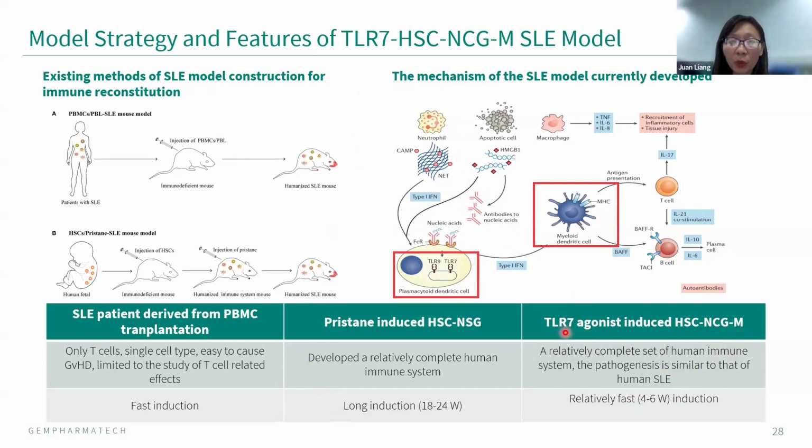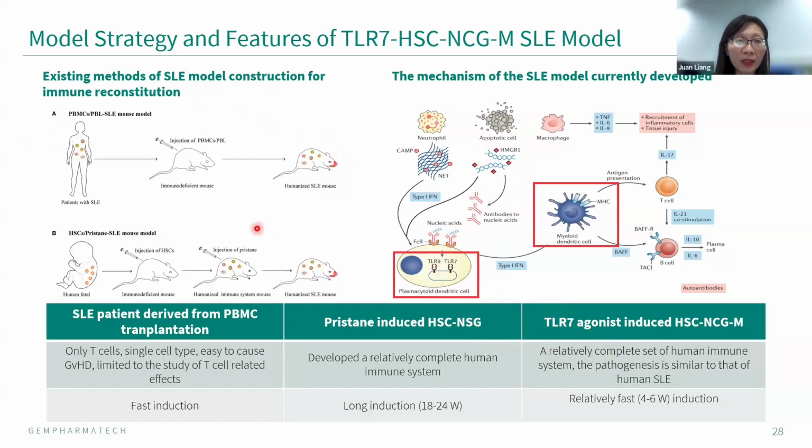TLR7 and also TLR9 are expressed in the PDC. So when we use a TLR7 agonist, we can activate the PDC cells. The PDC cells can interact with other immune cells like APC, T cells, and B cells, so we can mimic the manifestation of the patients in our disease models.